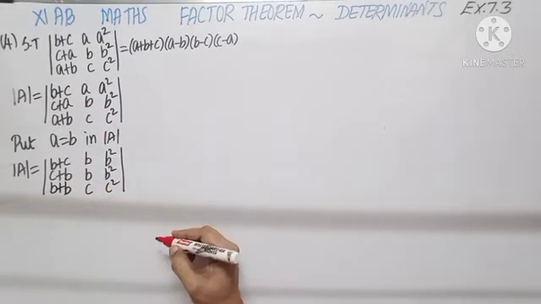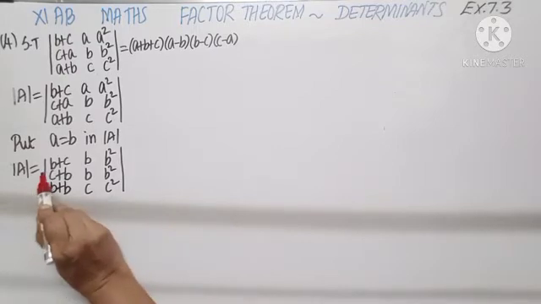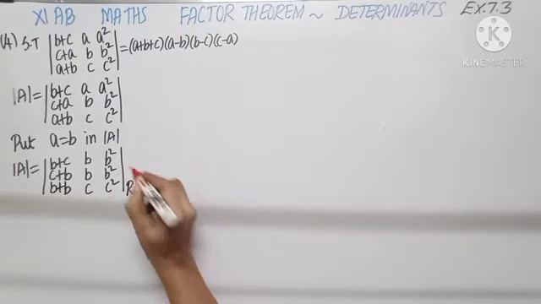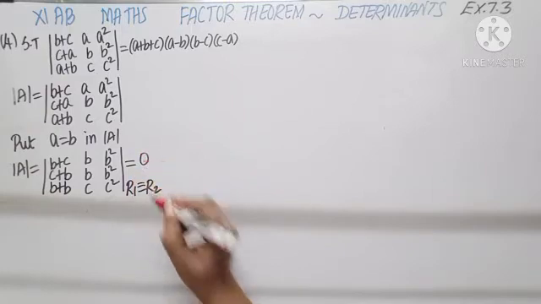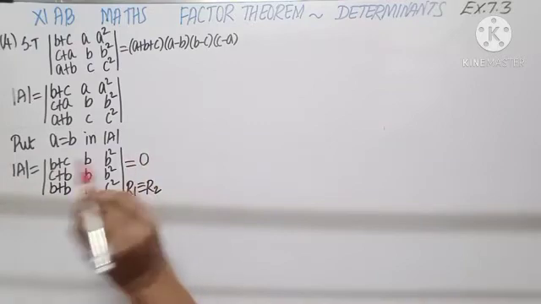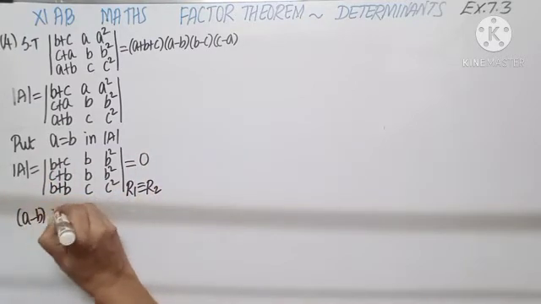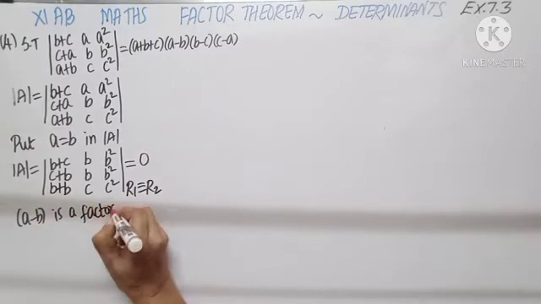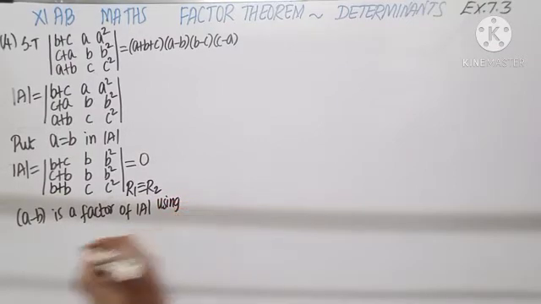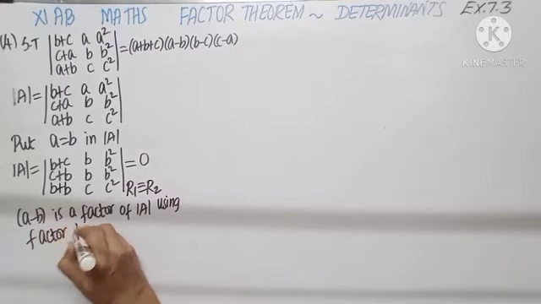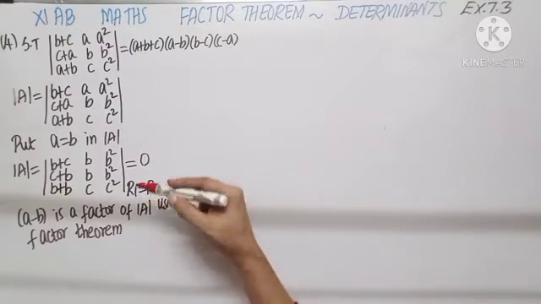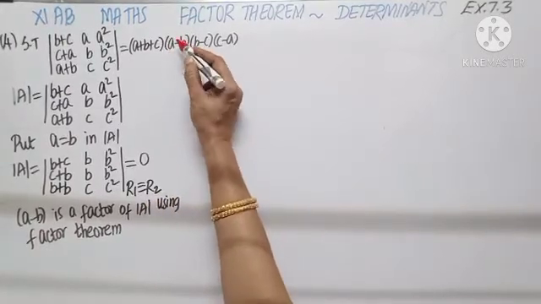When I substitute, I can identify that the first row and second row are identical. Whenever two rows are identical, we know the determinant itself becomes 0. And when the determinant is 0, I declare A minus B is a factor of the determinant. Here we named the determinant A using the factor theorem. Remember the idea? We are using the factor theorem to check whether two rows or two columns are identical by putting the first factor to be 0.